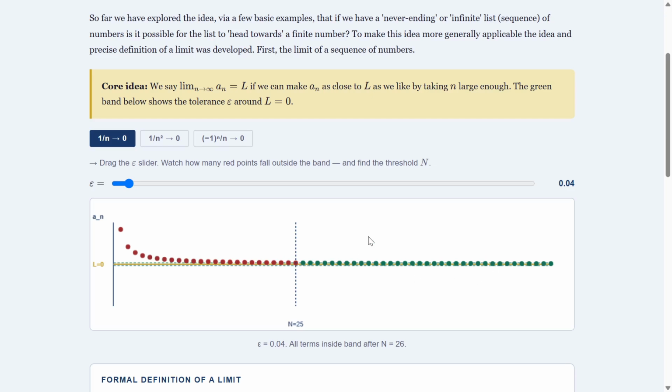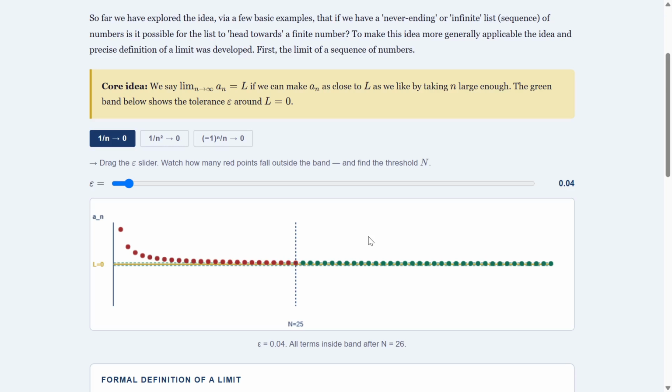The really basic idea is we can select a boundary around our limit. First of all, that's the first thing we take. And that can be as small as we like, but cannot be 0. And then what we have to show is that there is some point in the sequence where the difference between our limit and the current value of our sequence is less than our boundary.